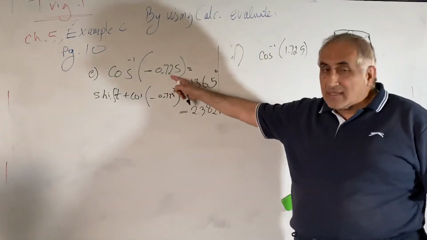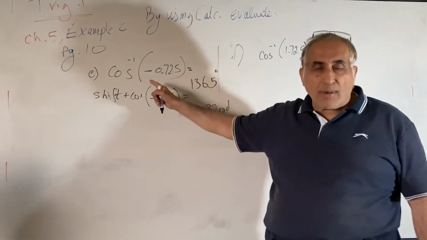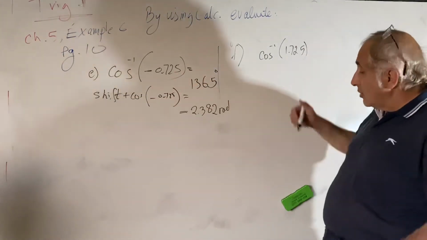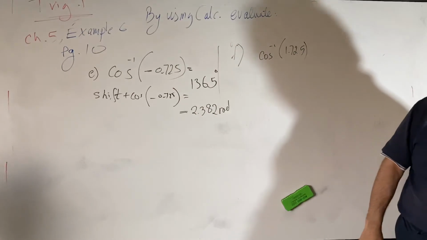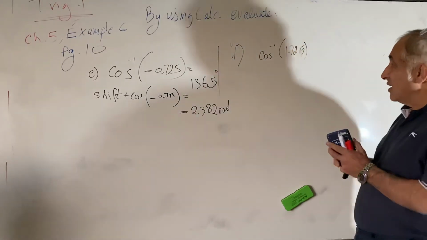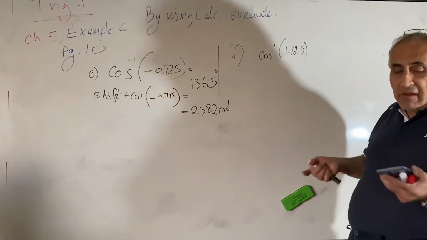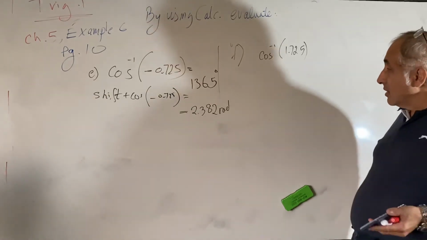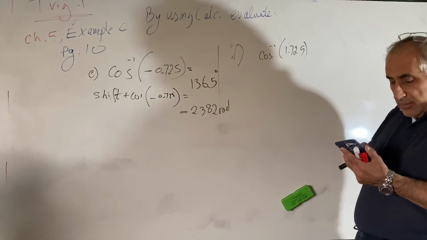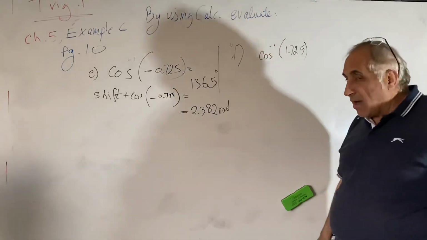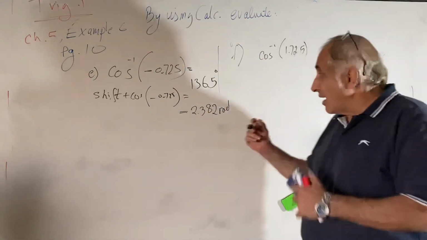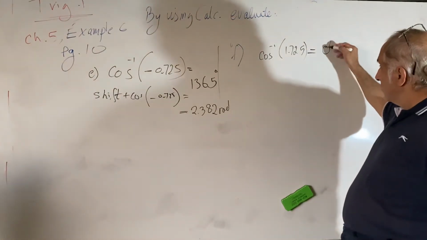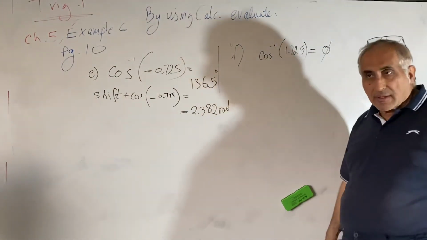In here, the answer never goes beyond 1 or minus 1. That one goes beyond. So, I want the answer in degrees or radians. Oh, let me try. I don't care what's on the calculator. Shift cosine. Open bracket is already open. And guess what? I'm not going to get an answer. I have no answer for one simple reason.